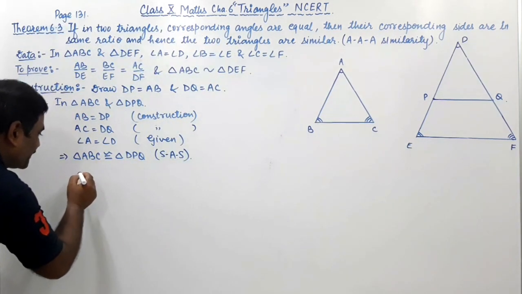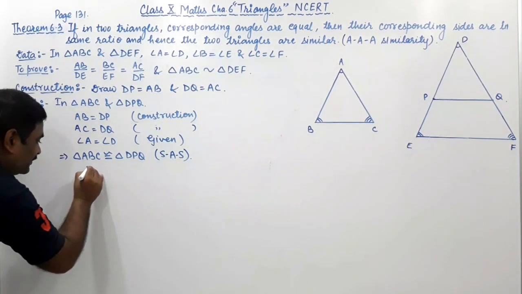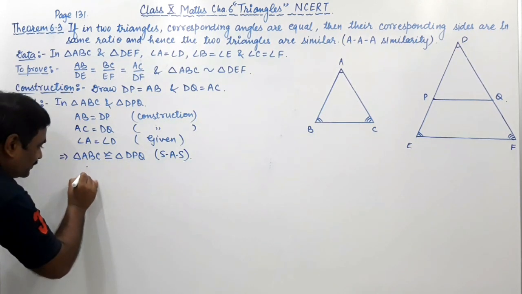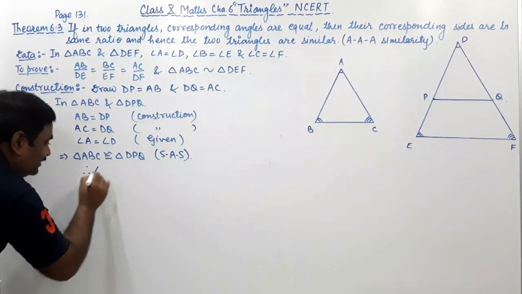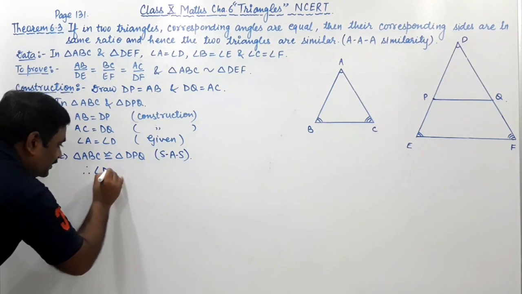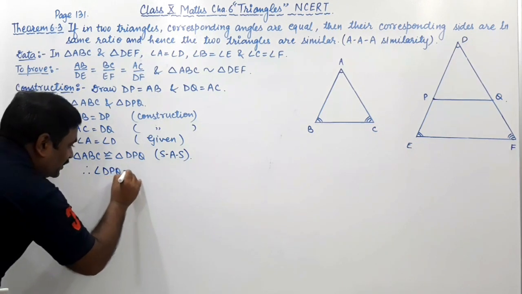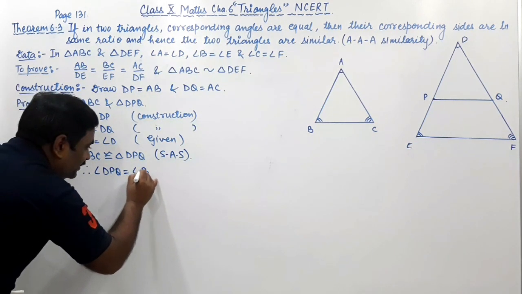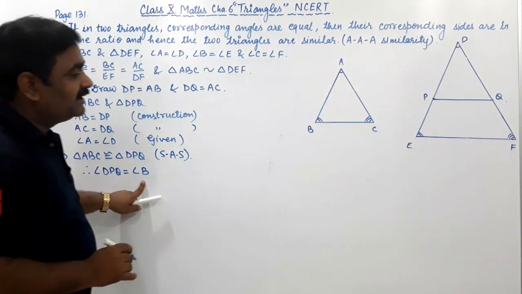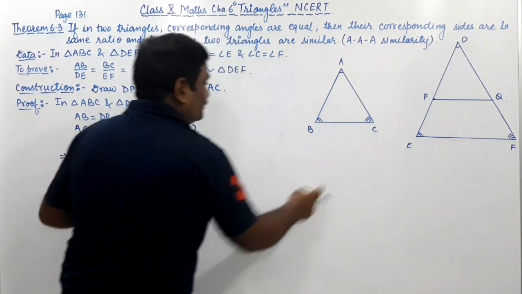Therefore, if they are congruent by side angle side congruency, therefore angle DPQ equals angle B, and this angle B is equal to angle E, which is given.